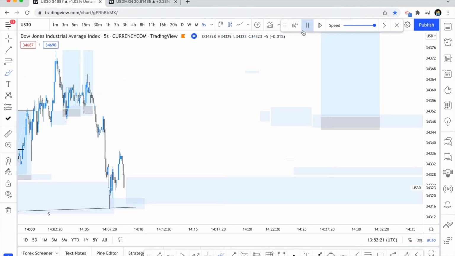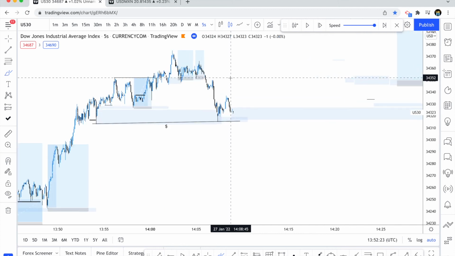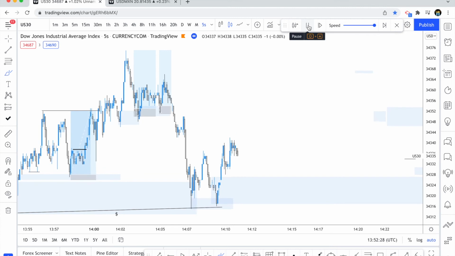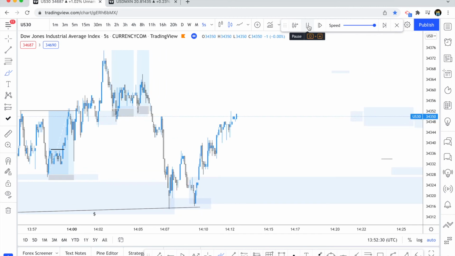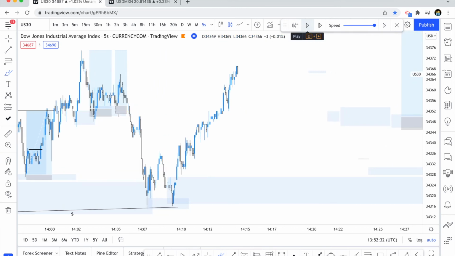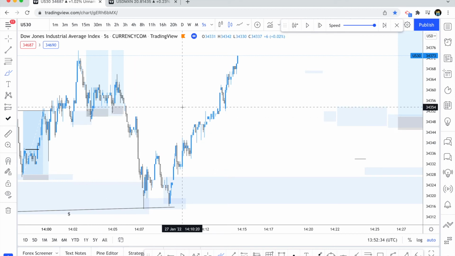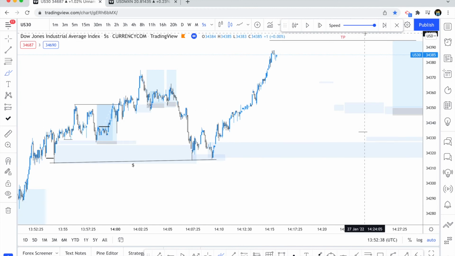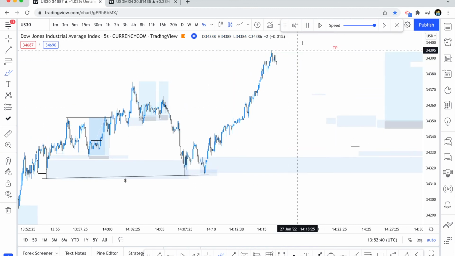Let's play this fast. Okay, if I was here at the time, I would have bought this, but had to be patient, obviously. You can see we have the CHoCH here, CHoCH below, and CHoCH right above. So, and price, look at that. Jeez. This is the one I regretted not buying.